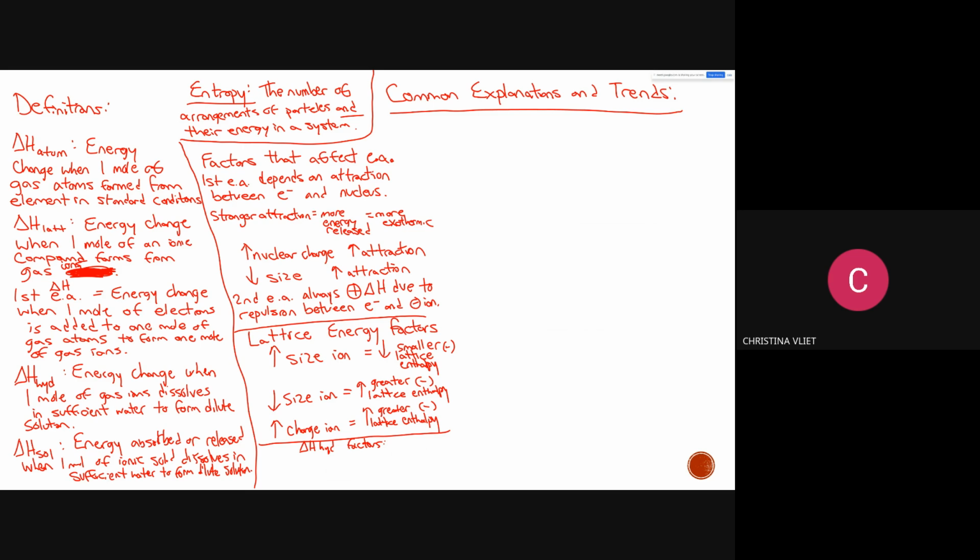Delta H hydration factors are actually the same as the lattice energy factors, the same as the electron affinity factors. So the smaller the ionic size, the greater the energy released, which means greater negative. And the greater the charge, the greater the delta H hydration.